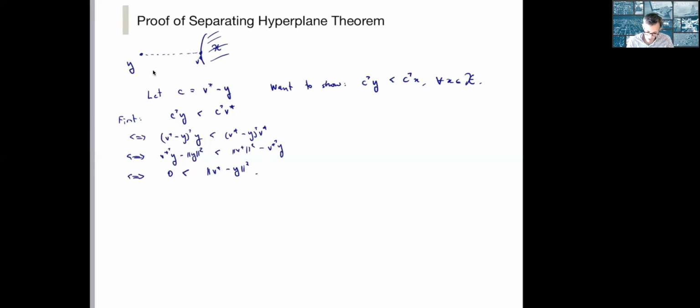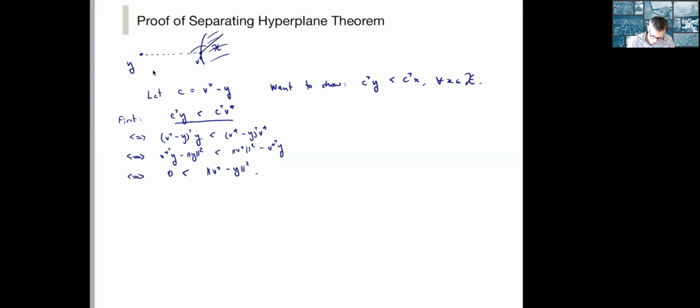Okay, so we're satisfied that this holds, and now we're just going to apply the inequality that we proved, the key definition of Euclidean projection, namely that this angle is greater than 90 degrees.